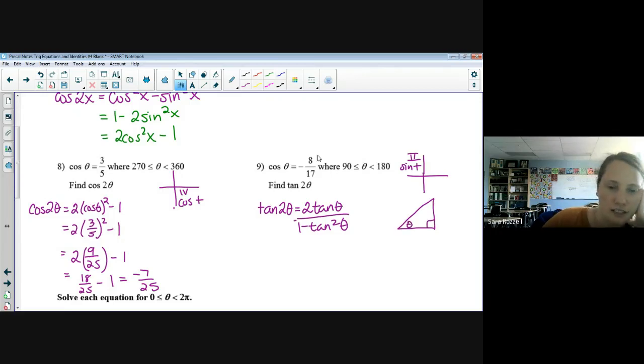The cosine is adjacent over hypotenuse, so that's going to be 8 and 17. And tangent is opposite over adjacent, so we need to figure out what our opposite side is. So 8 squared plus b squared is 17 squared.